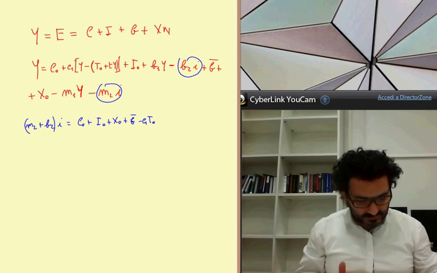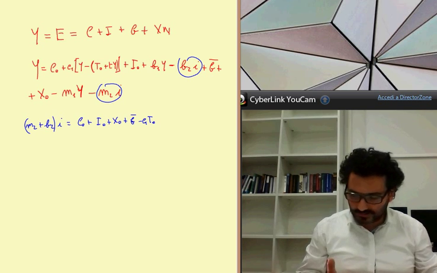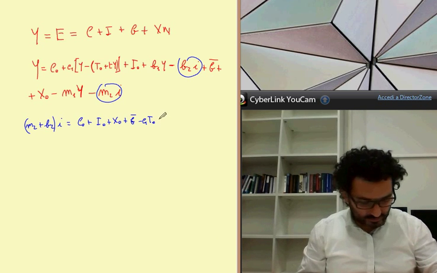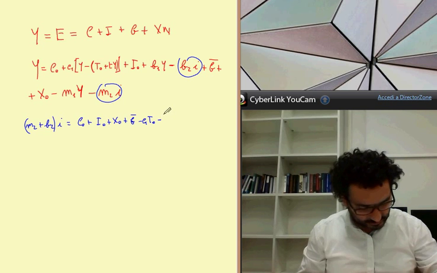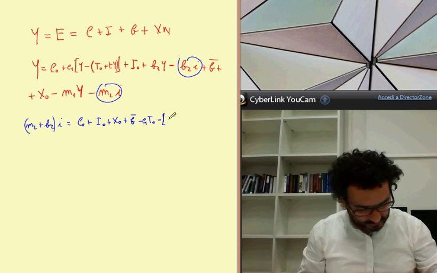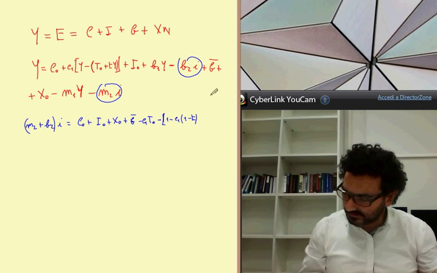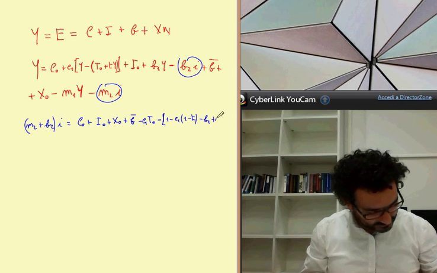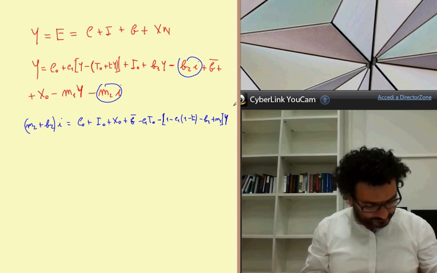And then we have the other part, which we collect in Y. You can easily check that, if the computation is exact, we will have minus 1 minus C1, which multiplies with 1 minus t, which is the denominator of the multiplier, minus b1 plus m1, which multiply the level of income.